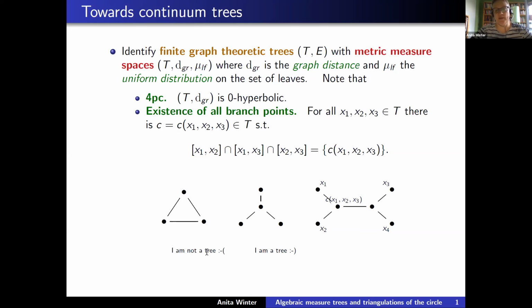This is not a tree. The second picture clearly is a tree. The third picture explains the 4-point condition, which I didn't write down in detail, by illustrating that whenever I have 4 points, the only possible geometry they can form is this quartet-like shape you see here.